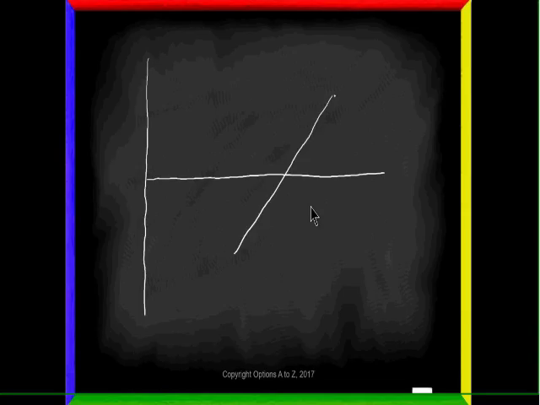If this is the short 55 call, and maybe this is the long 45 put, if I switch these two, if I make that the 45 call and this the 55 put, guess what I do? I reverse this profit and loss diagram. It's actually going to look like a bear spread.